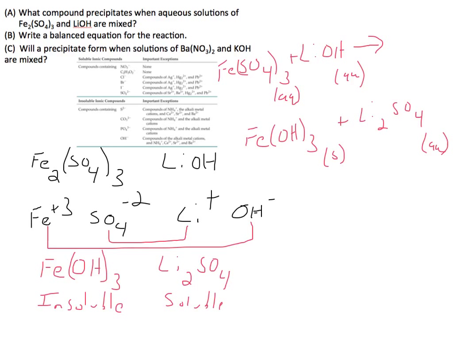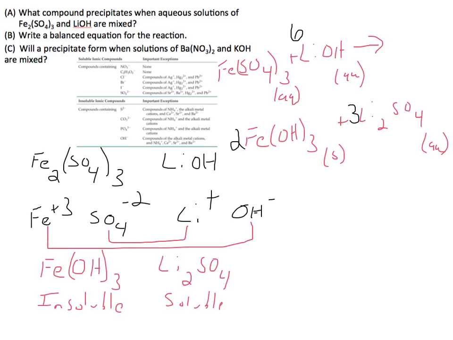Then if we balance this equation, we have a 1 for the iron sulfate, a 6 for the lithium hydroxide, a 2 for the iron hydroxide, and a 3 for the lithium sulfate.